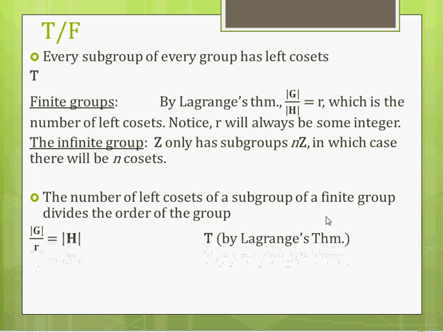In that case, you'd be correct. If you multiply our formula by the order of H and divide by R, you get this, right? And definitely the number of left cosets divides the order of G, because the order of H is going to be a whole number. So that's true.